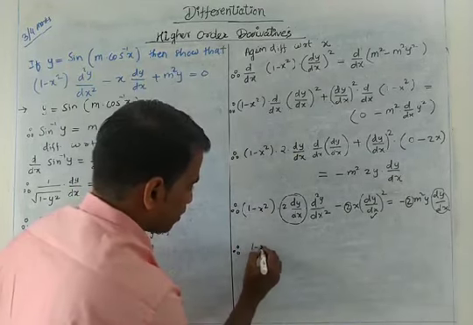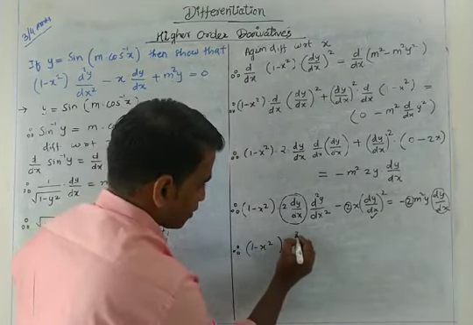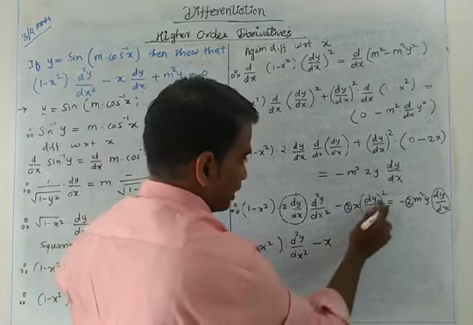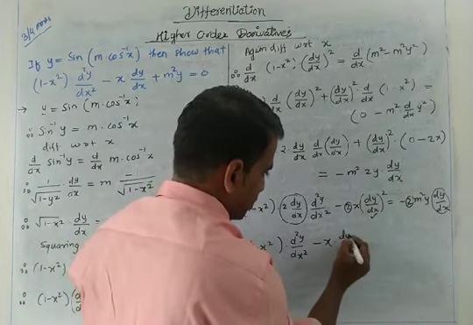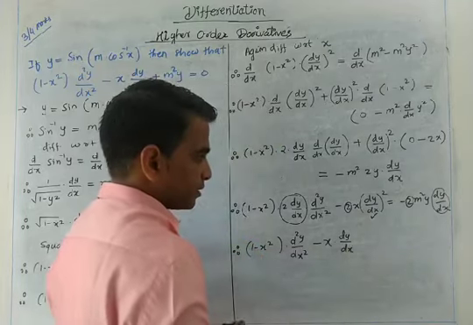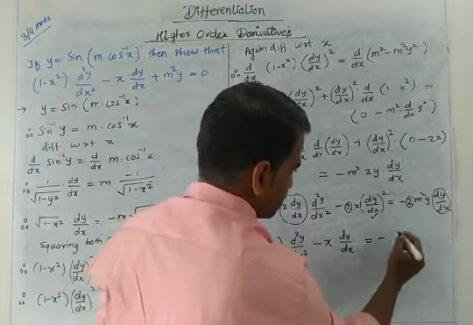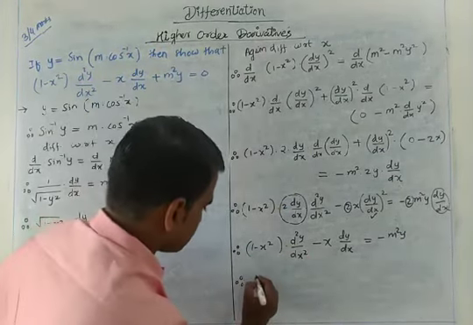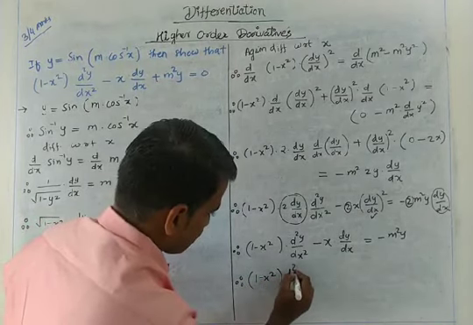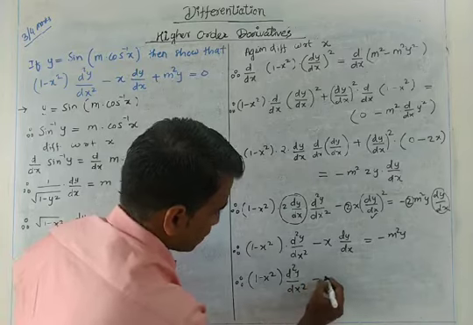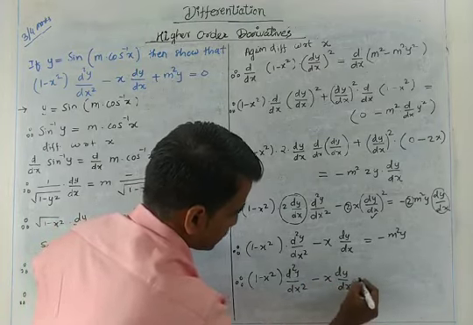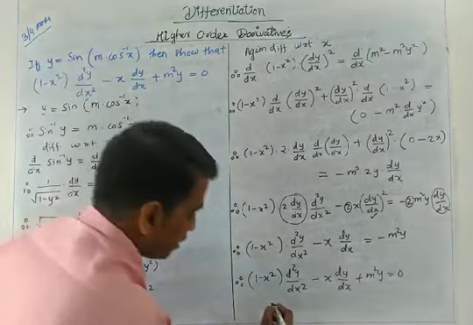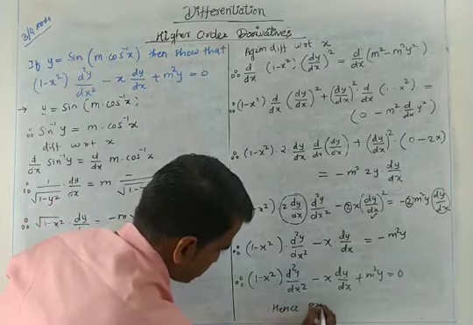So the remaining part is (1 − x²) d²y/dx² minus x, and for the square one value is cancelled, so one dy/dx remains as it is, equal to −m²y. Rearranging the terms: (1 − x²) d²y/dx² − x dy/dx + m²y = 0, which is required as the solution. Hence proved.